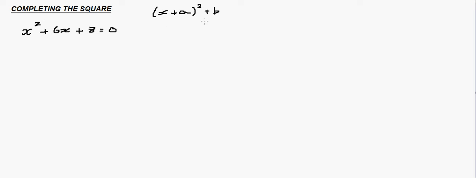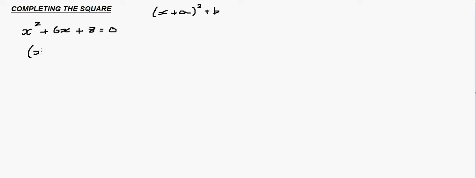Okay, so when we do this, this is completing the square, and you'll see when I do it how fairly simple it is. Now when we complete the square, what we do is we have an open bracket and we take one of the x's.